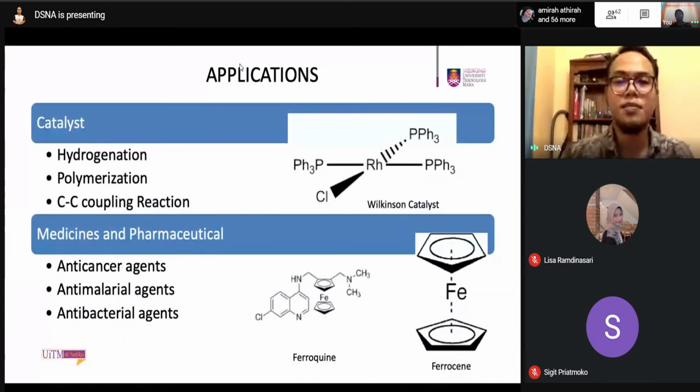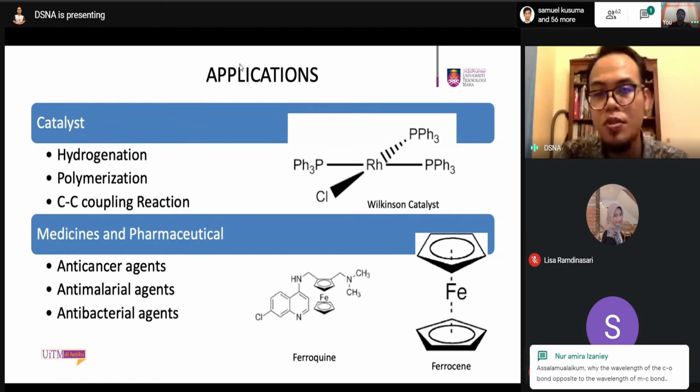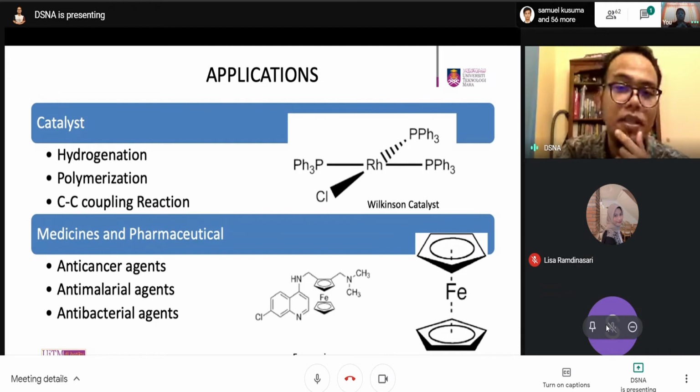Now applications, well, there are many applications of organometallic compounds. When you type organometallic application in medicine, in pharmaceutical industry, as catalysis, there are a plethora of applications of organometallic compounds. So I just want to summarize a few interesting parts of organometallic compounds.